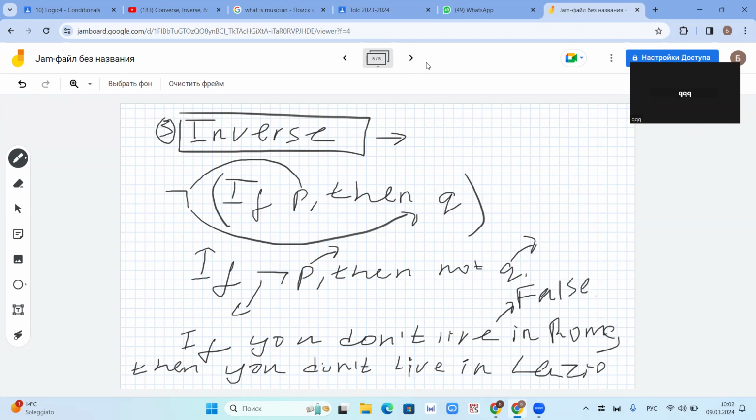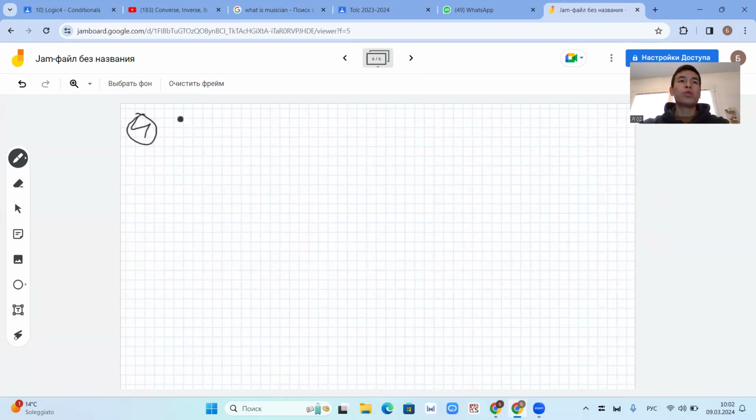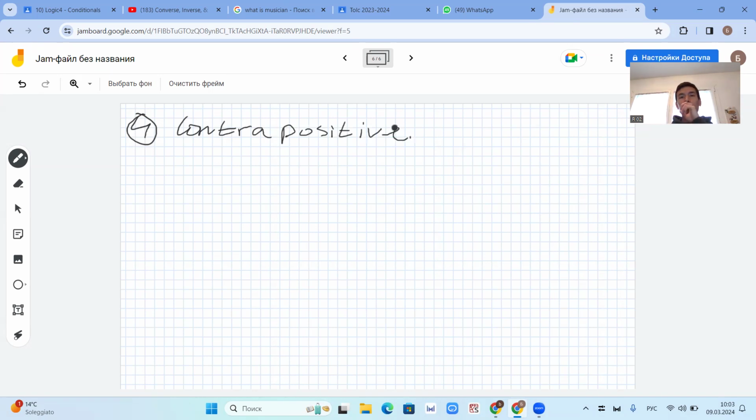Да, понятно. Хорошо. Следующее, самое последнее, это у нас contrapositive. Do you remember what it was? Contrapositive. Contrapositive was the negation of the converse.